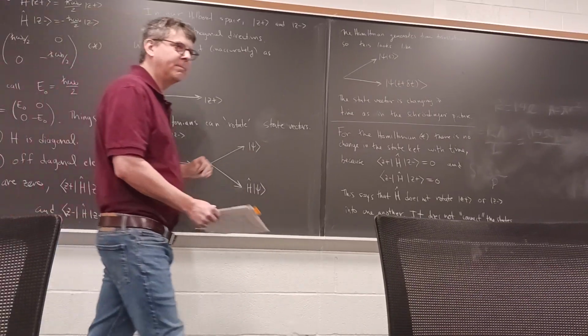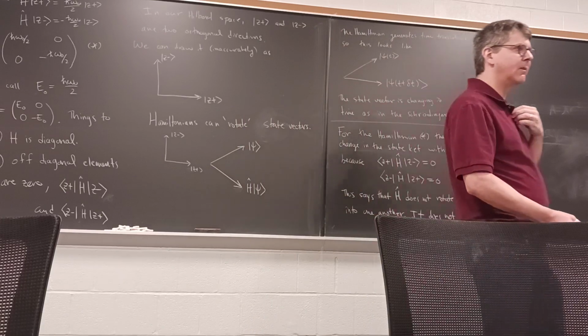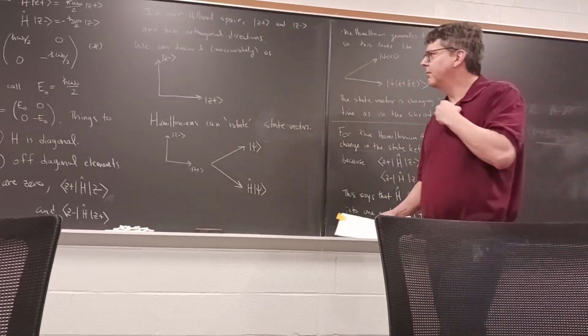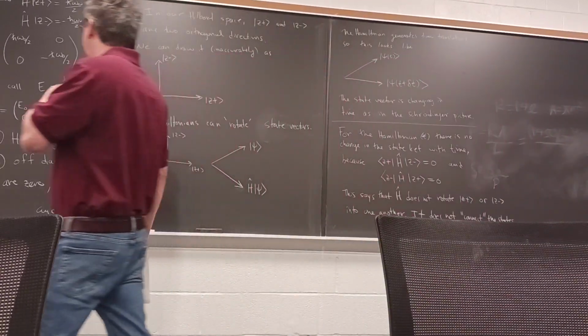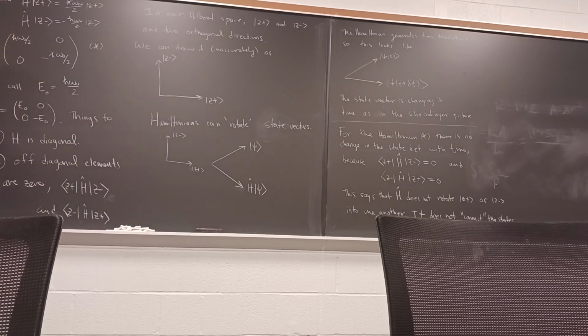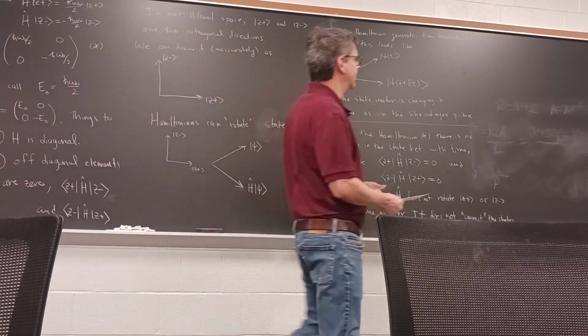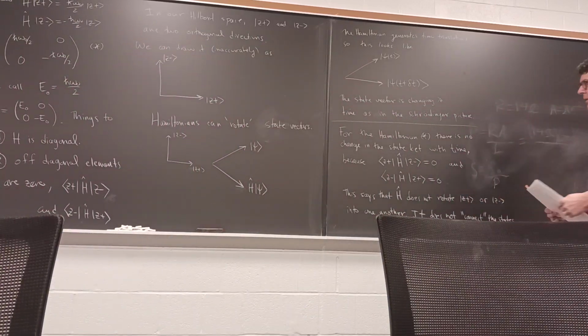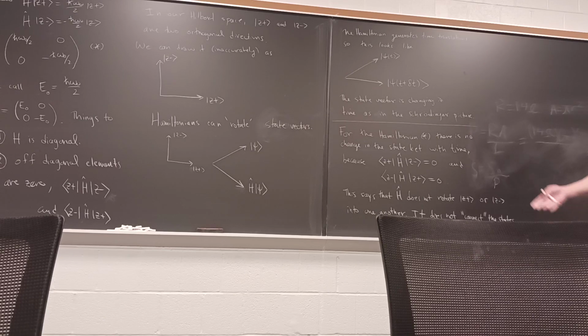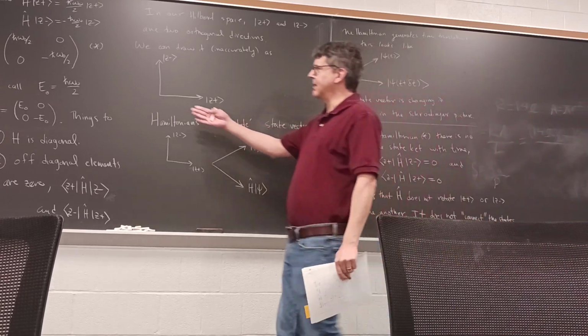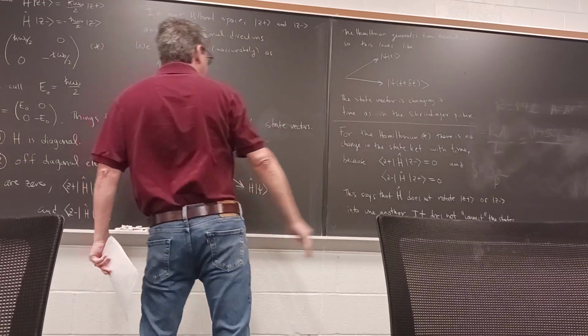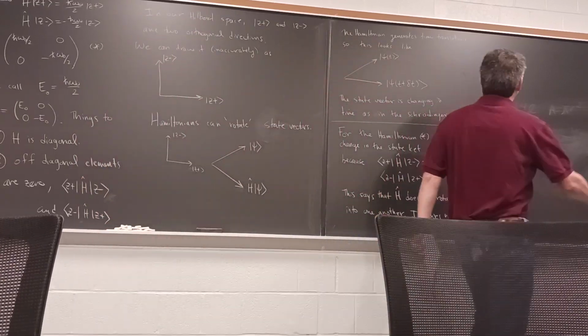Well, it's diagonal, right? There are no off-diagonal elements, so none of the states are connected. So that means the basis states here are the stationary states of the system.